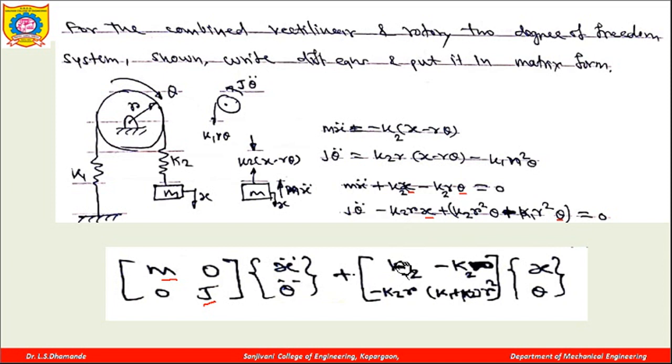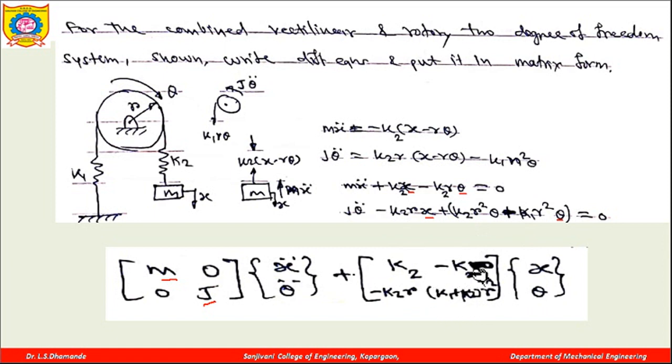K11 means the stiffness matrix K, first row first column. Here it is k12, first row second column, the coefficient of theta, that is minus k2 r, written here. Then for x in the second equation the coefficient is minus k2 r, and for theta the coefficient is k2 r square plus k1 r square.